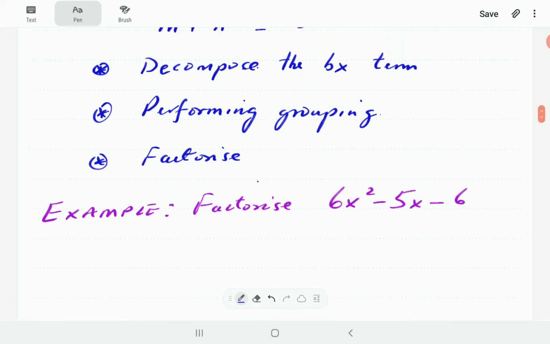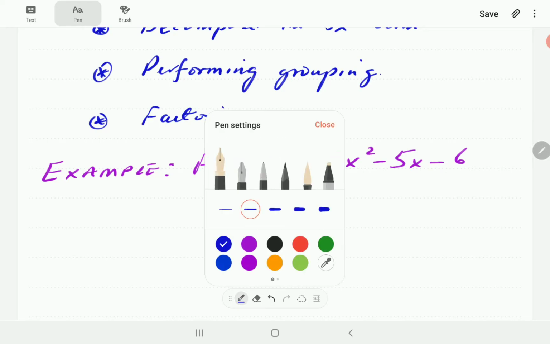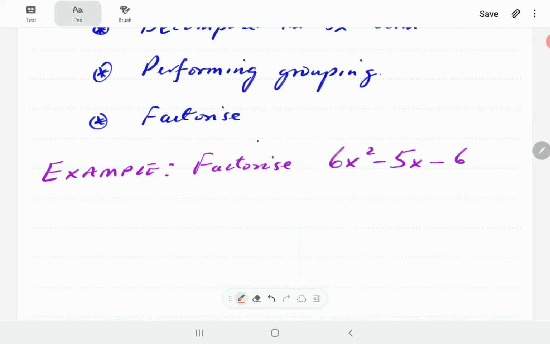So that means a times c here is going to be 6 times negative 6, so a times c is going to be negative 36. So m times n is negative 36, and then m plus n is going to be negative 5.